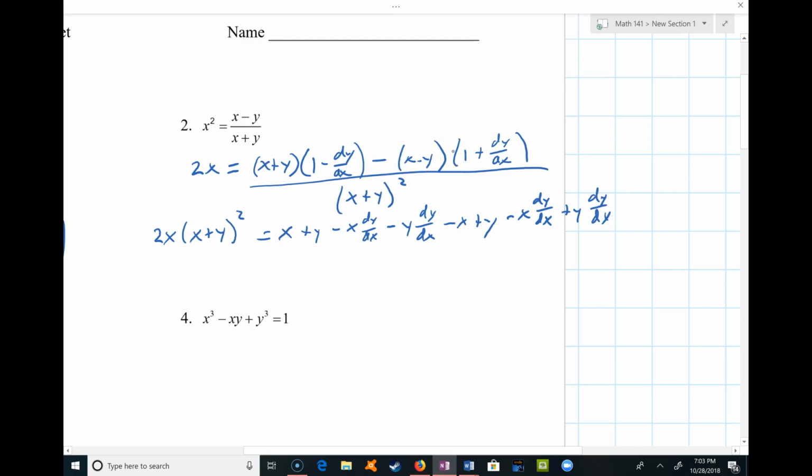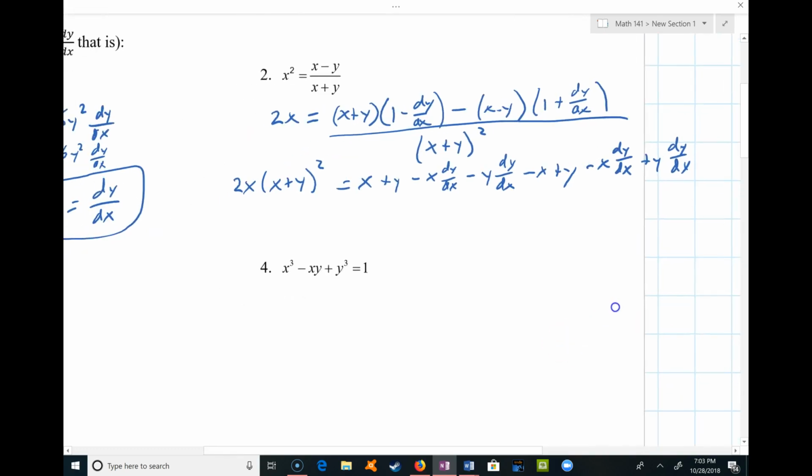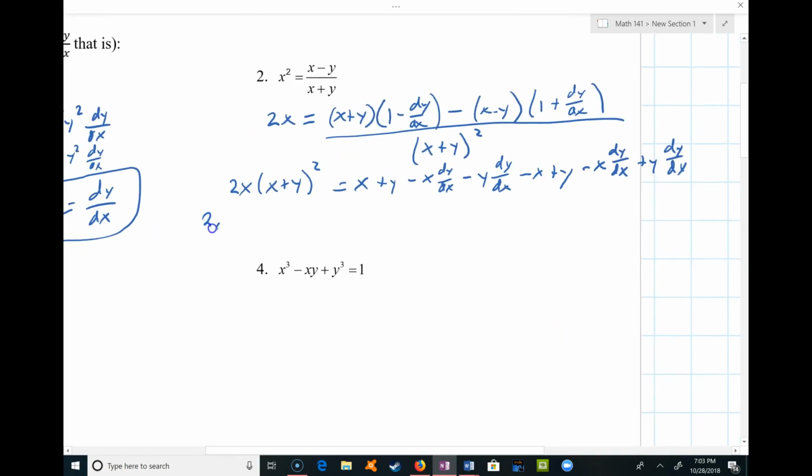Okay, let's see, what can we do? So we want to get rid of all the stuff that's not dy dx in it. So on this side, we're going to have 2x times x plus y squared minus x because of that guy, minus y because of that guy. And then these guys will stay there. And then a plus x. Oh, wait a minute. Let's back up a second.